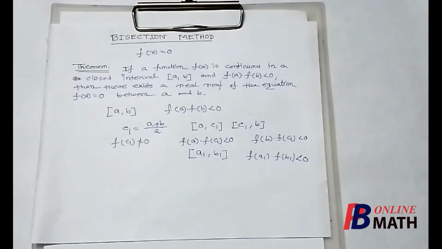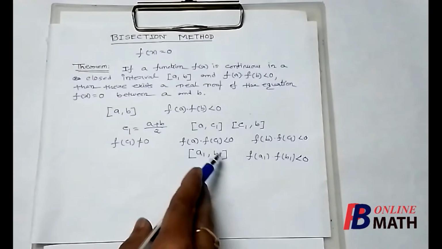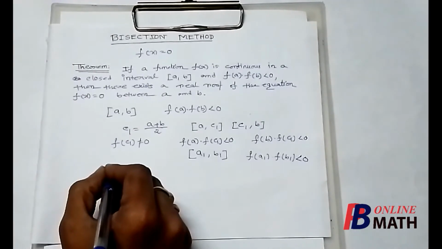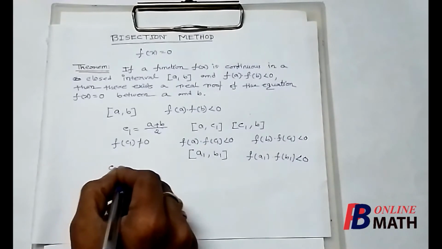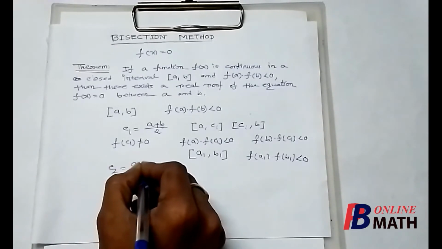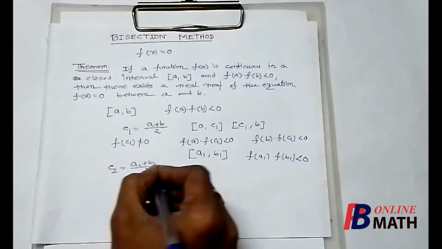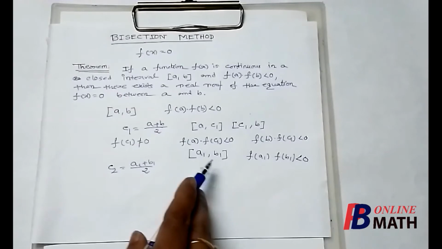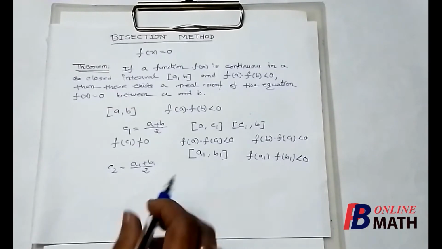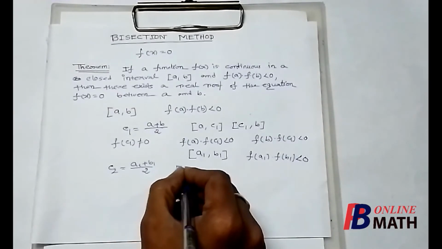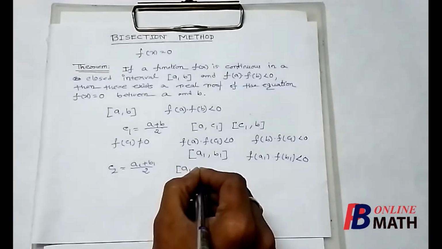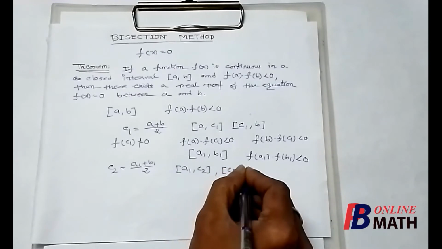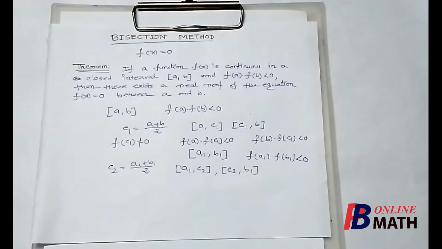Next, we shall break this interval a1 to b1 into two equal parts by the point c2, which is (a1 + b1)/2. This interval has been broken into two equal parts: a1 to c2 is the first interval, and c2 to b1 is the second interval.